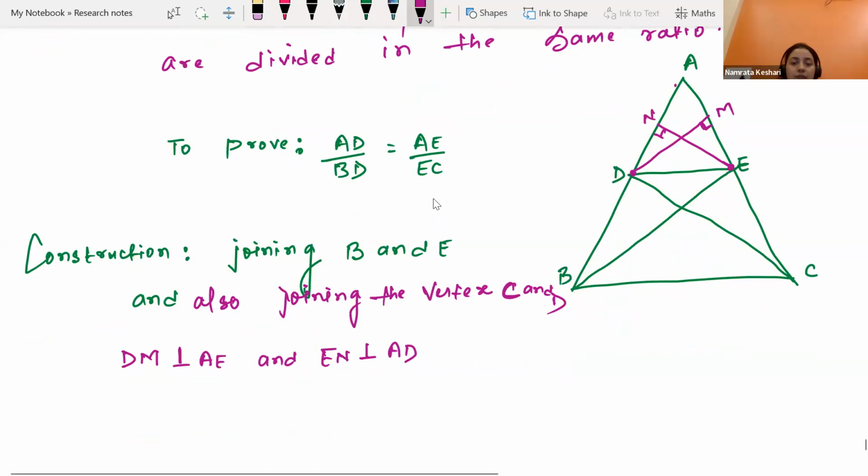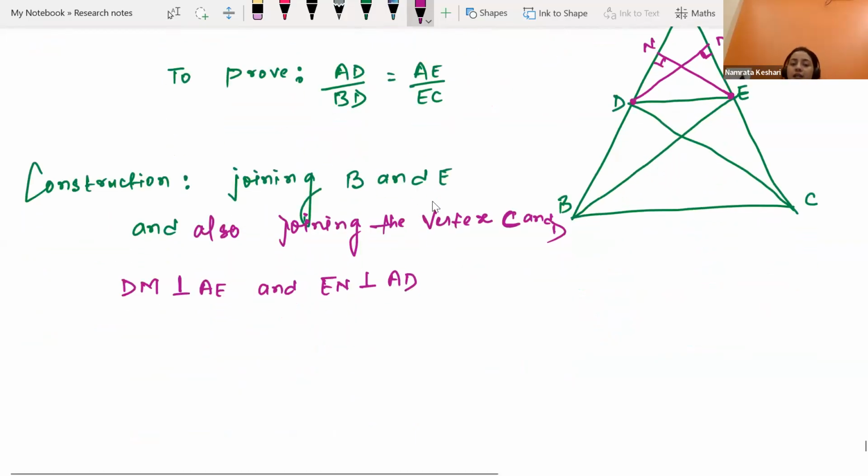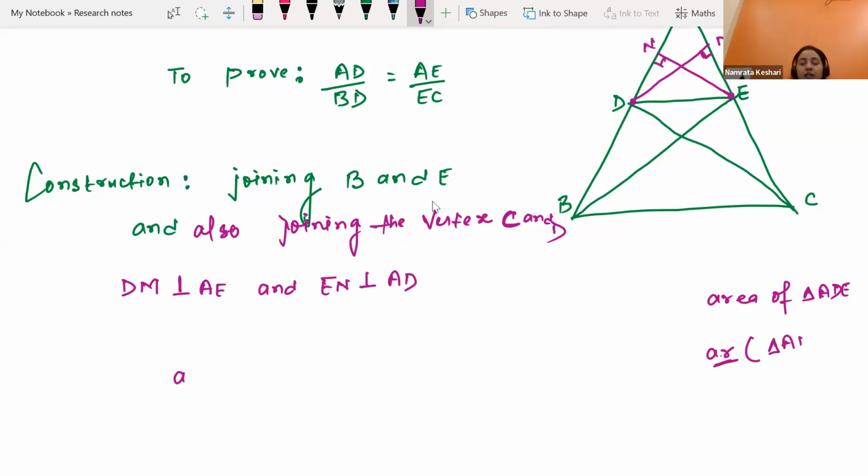For writing area, we can write the area of triangle ADE as ar, and in brackets ADE.